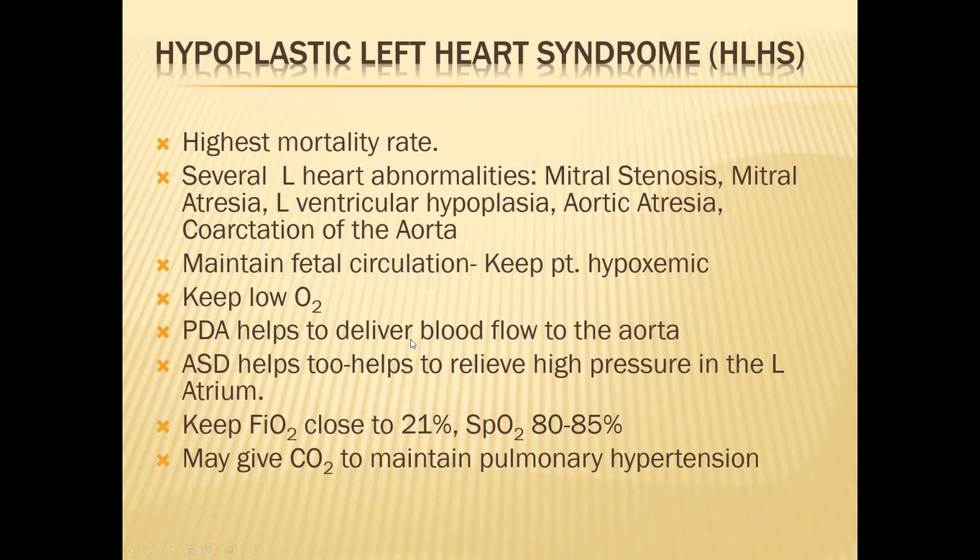So not only is there an underdeveloped left ventricle, there's problems with the mitral valve. We mentioned the left ventricle is hypoplastic. The aorta is narrow. Here it's calling it aortic atresia and coarctation of the aorta. Underdeveloped.